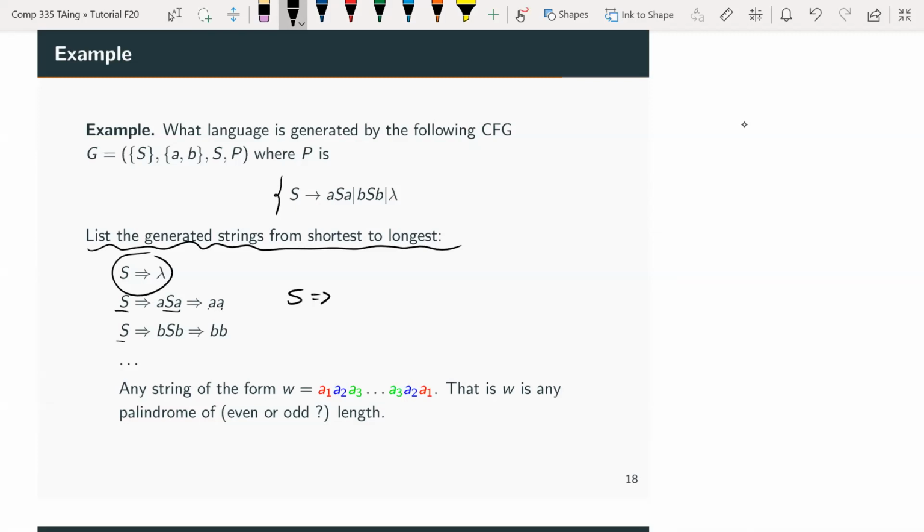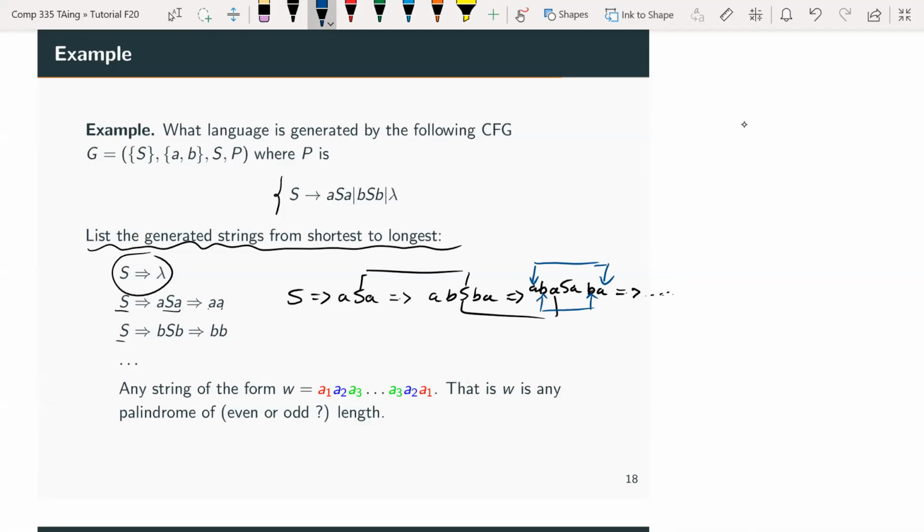And then in general, if I have S, let's say I replace that with ASA, and then I replace the S here with BSB, and then I replace the S here with, let's say, ASA, so I have AB and BA. So what you're going to notice here is that there's going to be a mirror effect where the leftmost symbol is going to be the same as the rightmost symbol, and the second leftmost symbol is going to be the same as the second rightmost symbol.